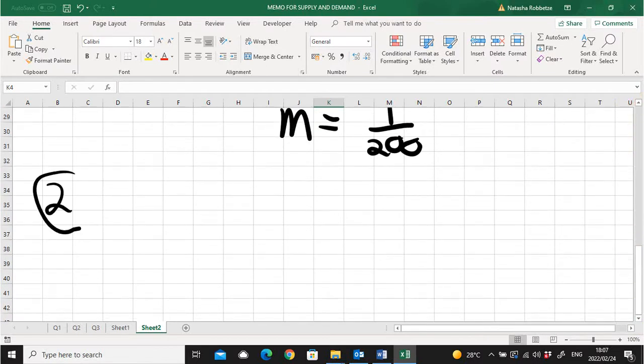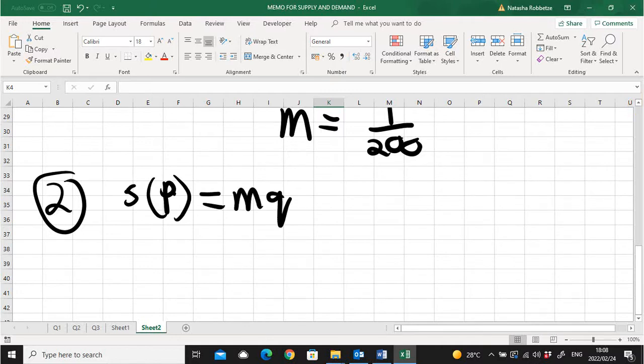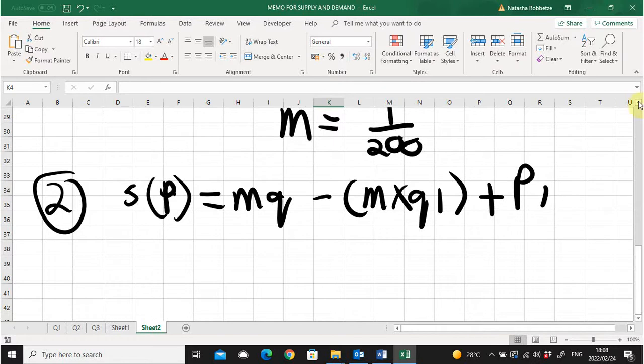In step number 2, we need to fill out our equation. In this instance, we are calculating a supply. So it's going to be the price of the supply. Let's call it SP because it's the price relating to supply, is MQ minus M times Q1 plus P1.